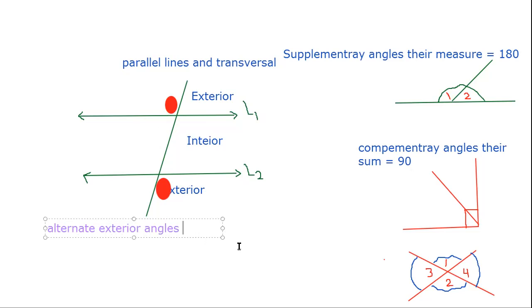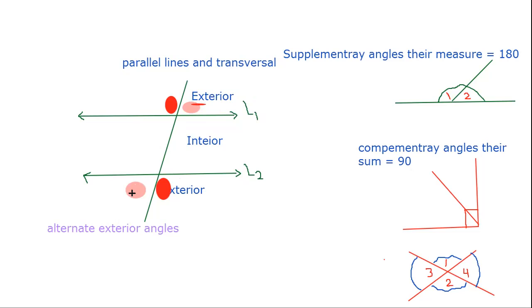Do we have another pair? We can say that those two are alternate exterior. I can put another pair here and here.